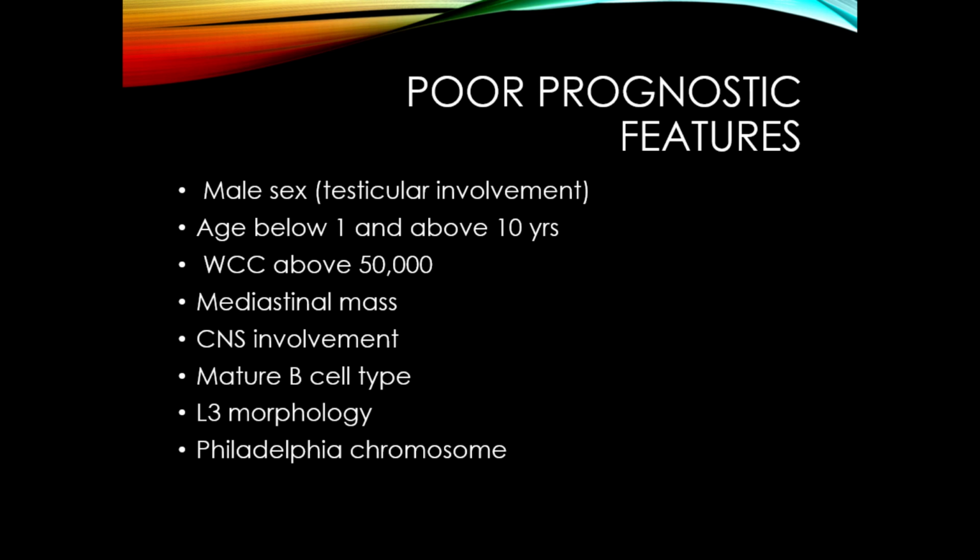Mature B cell type is considered a poor prognostic feature, and the L3 morphology in the FAB classification. The presence of Philadelphia chromosome is again a poor prognostic feature in acute lymphoblastic leukemia, but as we mentioned before, it occurs in less than 2% of the cases.